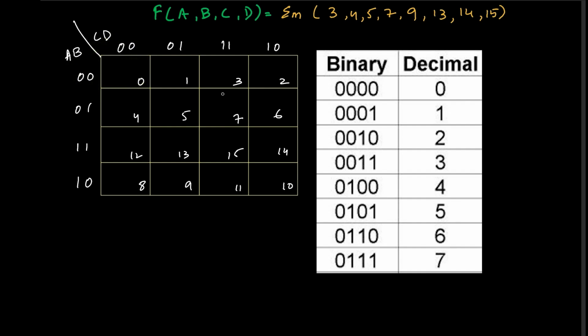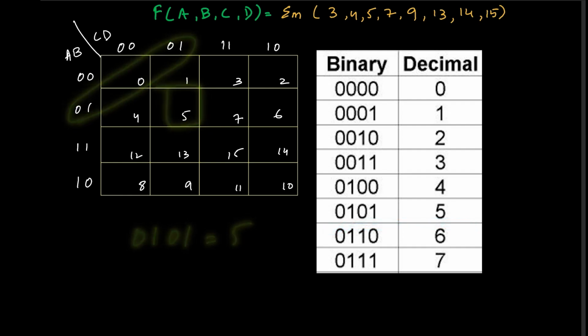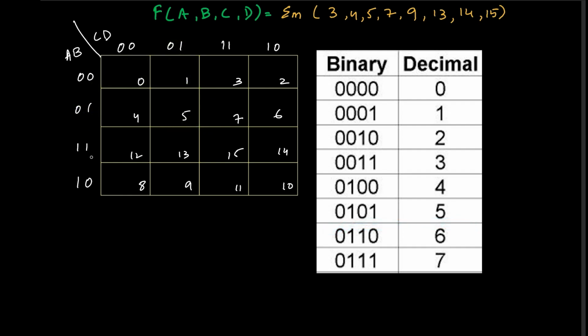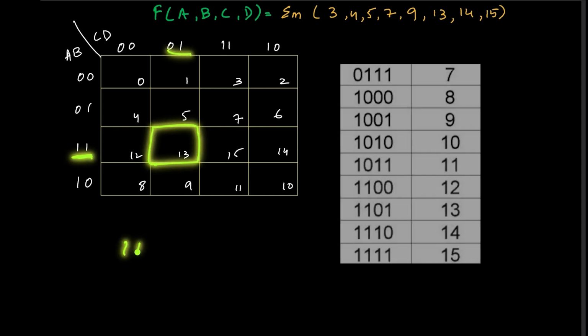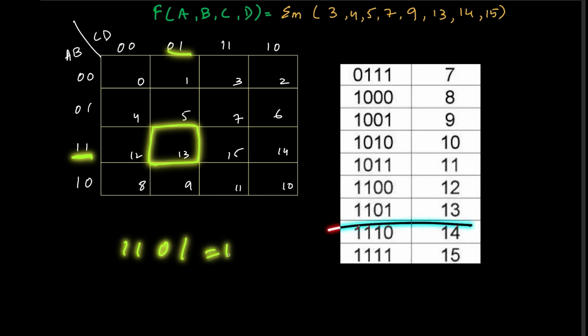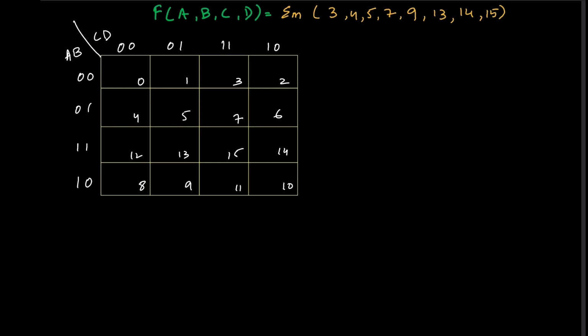Take any other number, say 5. 0 1 0 1 is equal to 5. So we are right. Again, take 13 for example. 13 equals 1 1 0 1. 1 1 0 1 has to be 13, and indeed it is 13. So we have written the numbers right.